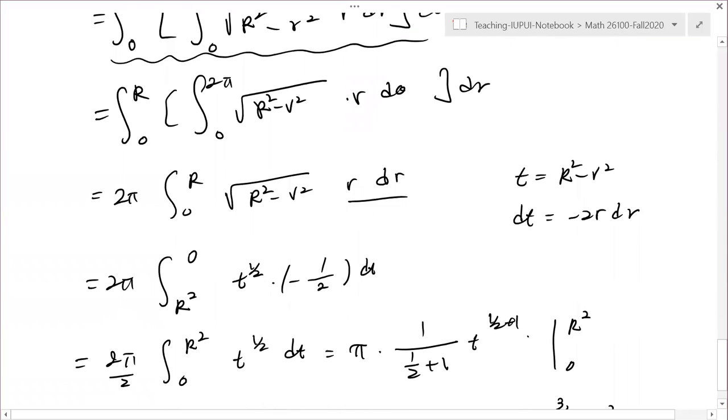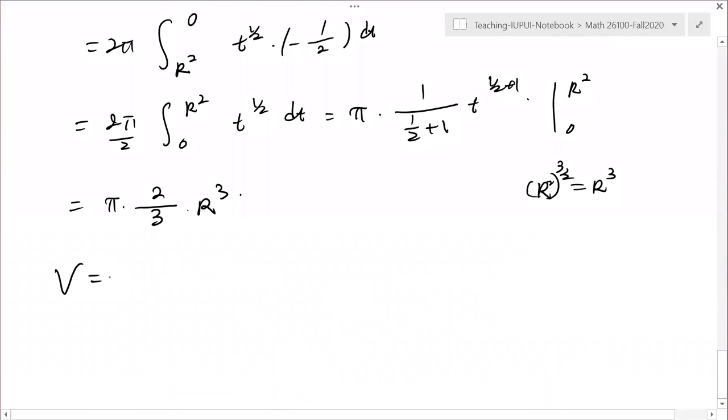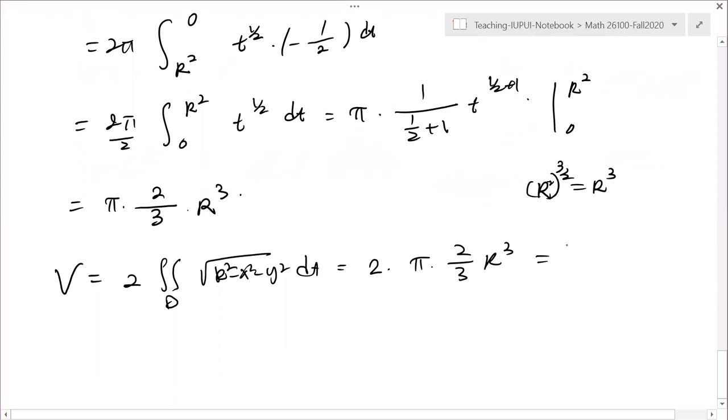So the volume is going to be twice of this integral, twice pi times 2/3 R cubed. So we end up with 4 pi over 3 R cubed. That's the formula for the volume.